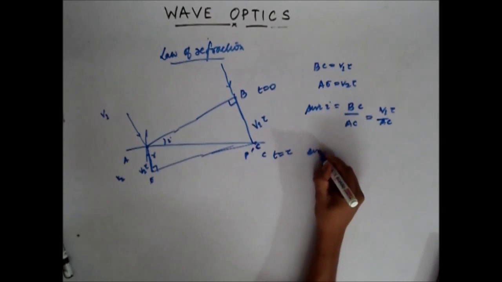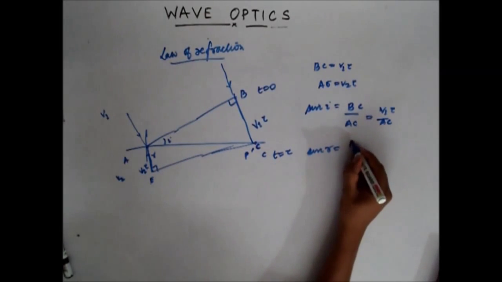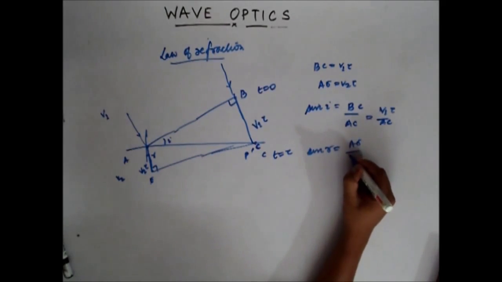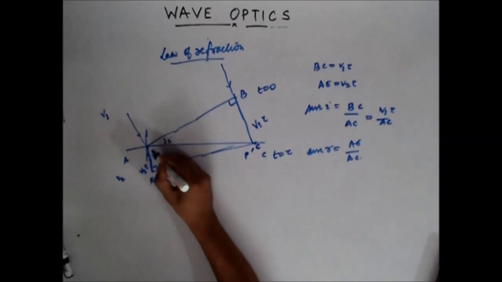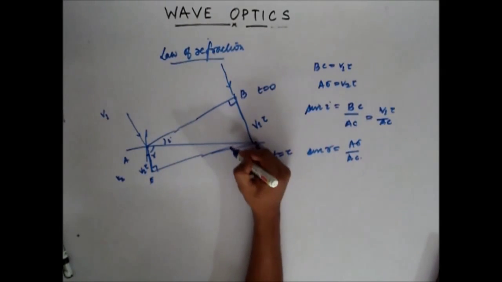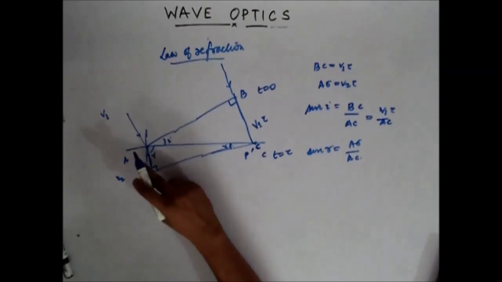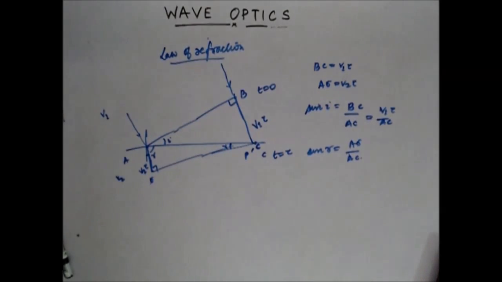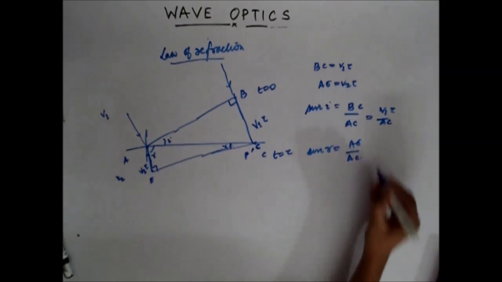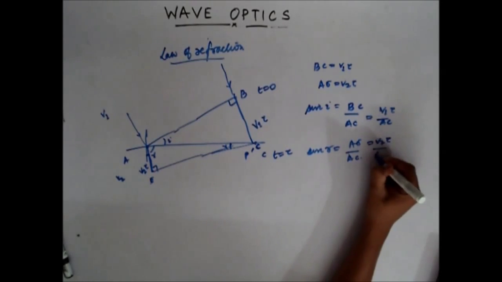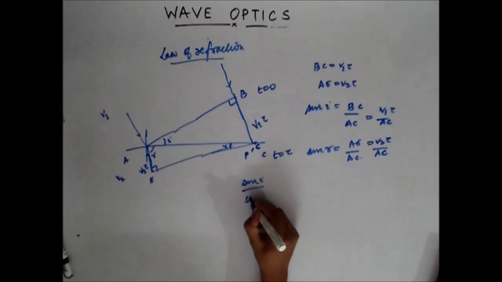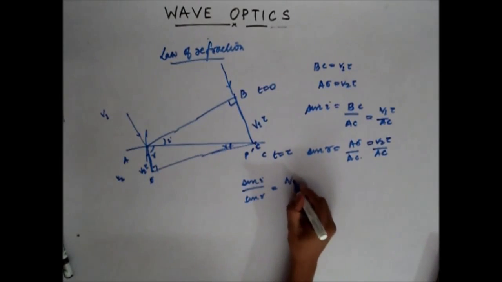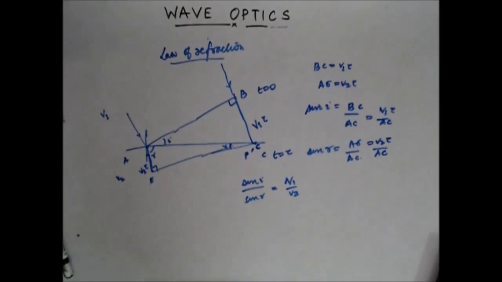Similarly, I can write sine r as AE by AC. This angle is r, this angle is 90 minus r, this angle is r, so sine r is AE by AC, equal to v2 tau by AC. So I can write sine i by sine r as v1 by v2.